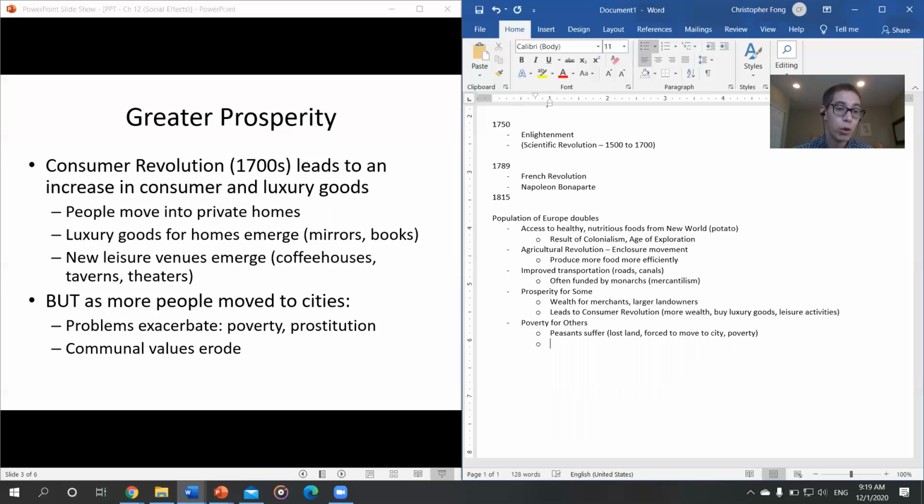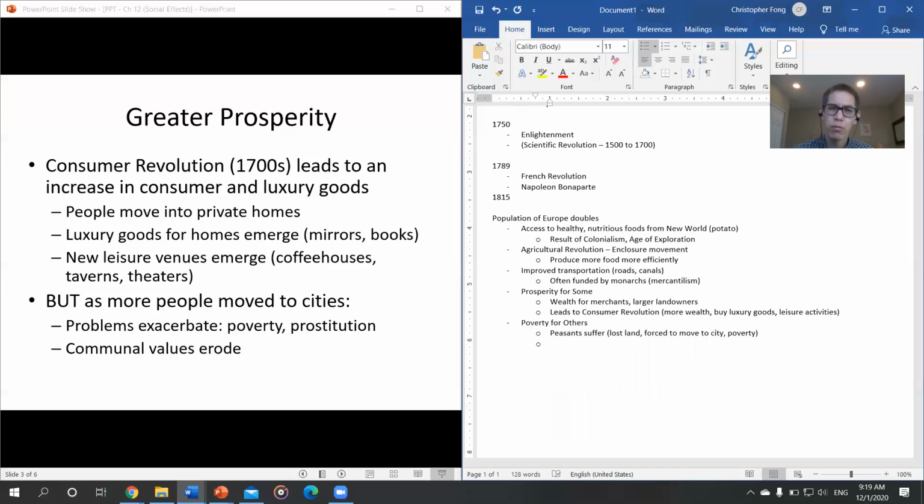And it also says here that communal values eroded. By communal values, what I mean is, before the enclosure movement, everybody would have their own farm, and Sunday would be a day of rest and a day of prayer, where the community would come together at the church. There would be community festivals where all the different farms would meet up and have some form of festival or celebration.